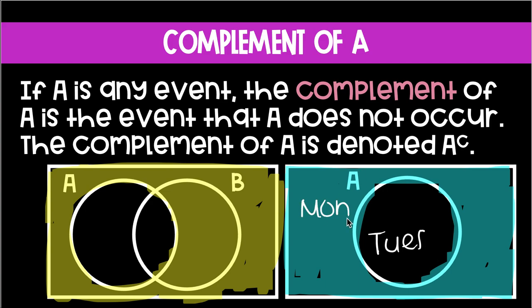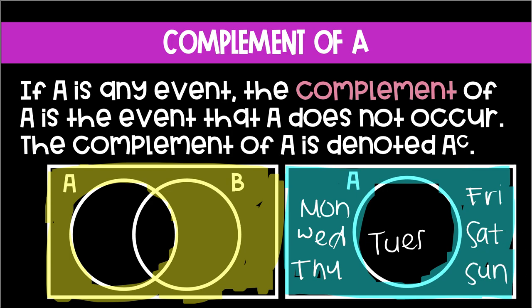Monday, Wednesday, Thursday, and any of the other days, Friday, Saturday, and Sunday. The complement of today is Tuesday is today is Monday, or today is Wednesday, or today is Thursday, or today is Friday, or today is Saturday, or today is Sunday.